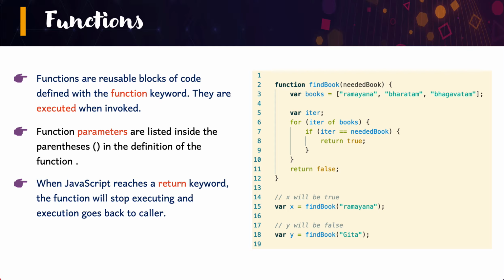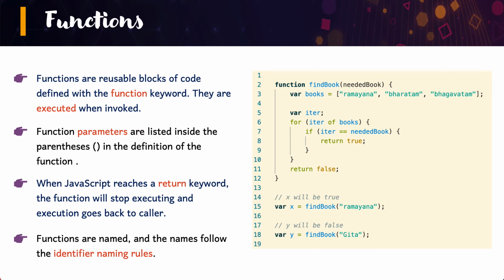Therefore, the for loop does not hit line number 8 because the condition in line 7 is never evaluated to true. It hits line number 11 and returns false. So y will become false. So coming back to the caller is called returning, and it is caused by the return keyword, is what I'm trying to say.